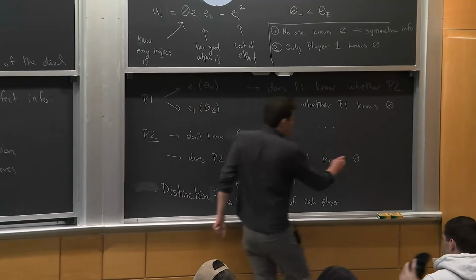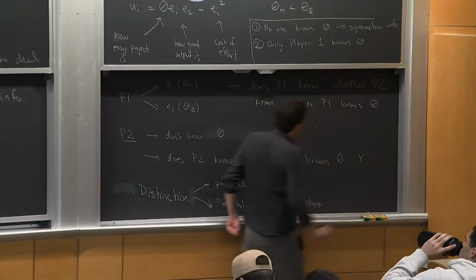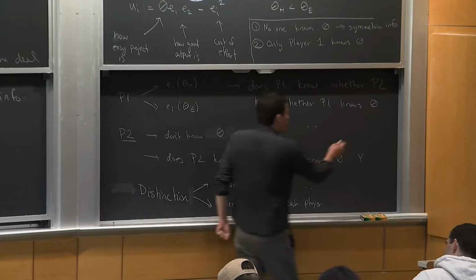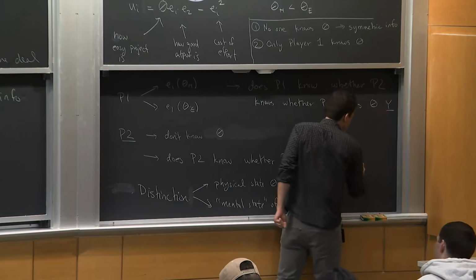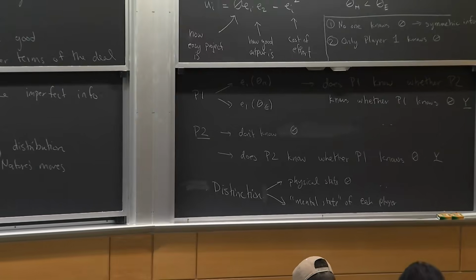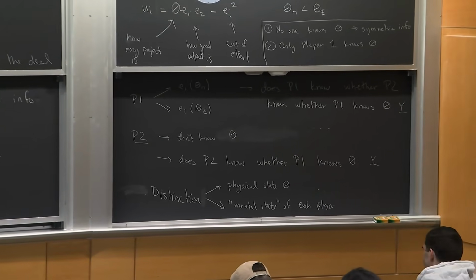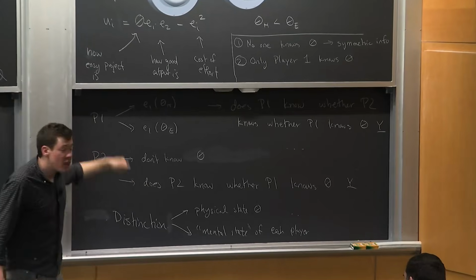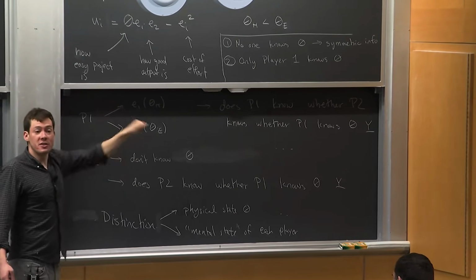We're going to say, for this example, yes. And does player 1 know whether player 2 knows whether player 1 knows theta? We're going to say yes. So we could make it more complicated, but we're going to say all these things are known. So in this example, player 1 knows the state theta. Player 2 doesn't know the state theta, but they do know that player 1 knows the state theta.